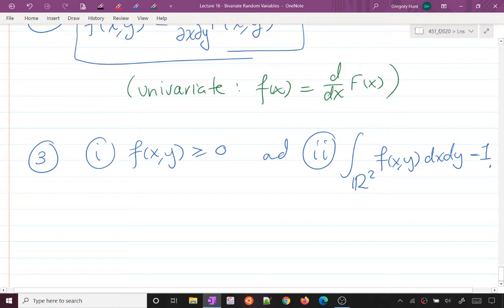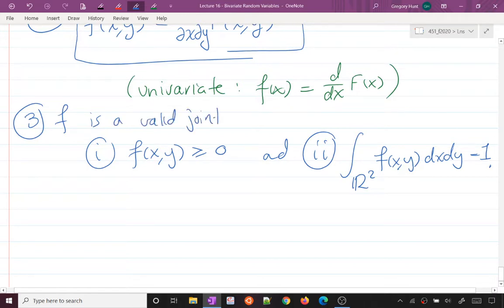Maybe we can write this more formally. f is a valid joint PDF if and only if those two facts hold. It's nonnegative and it integrates over the whole plane to 1.